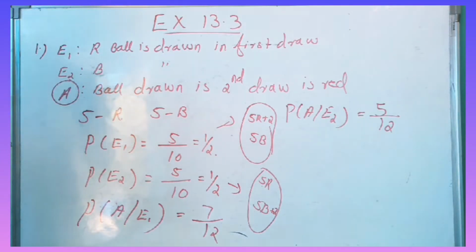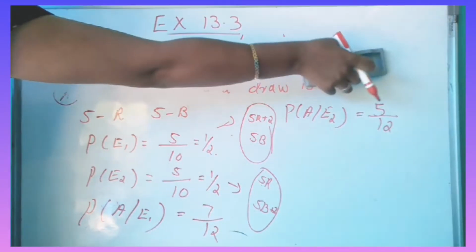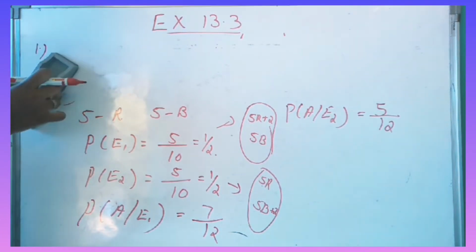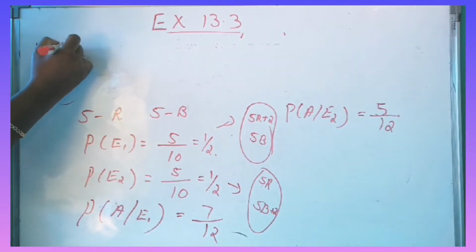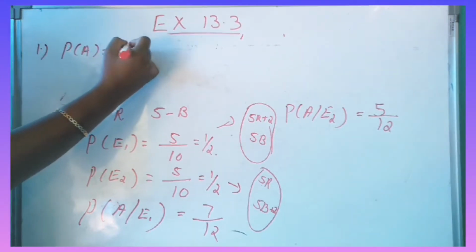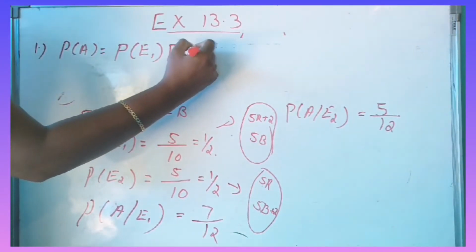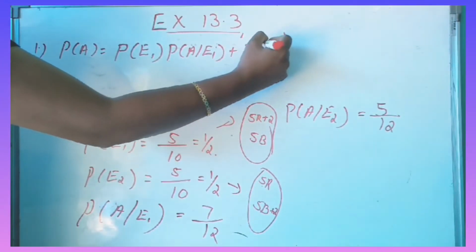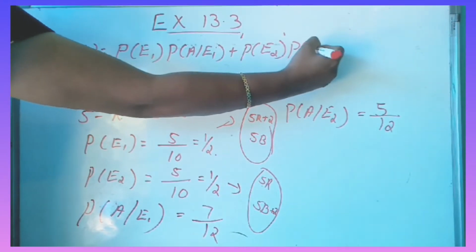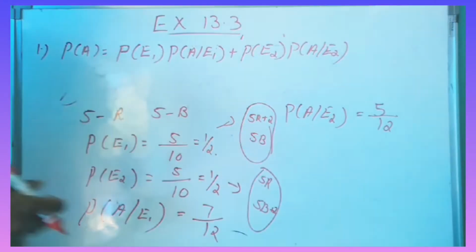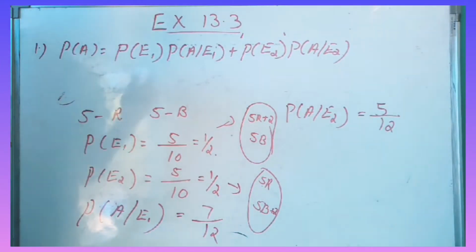So we are going to use the theorem of total probability here. What is our theorem of total probability? P of A is equal to P of E1 into P of A given E1 plus P of E2 into P of A given E2. No need to write P of E3 and all, because here we have only two events, E1 and E2, right?